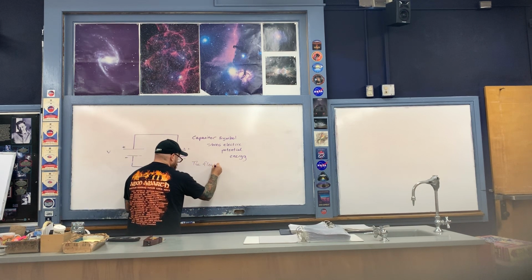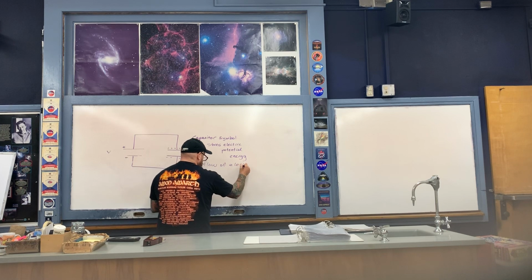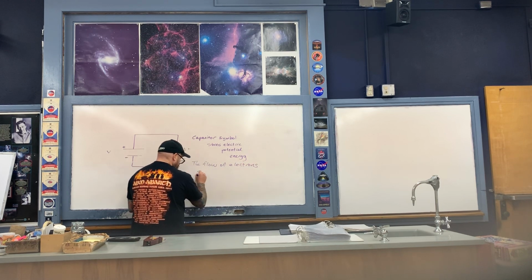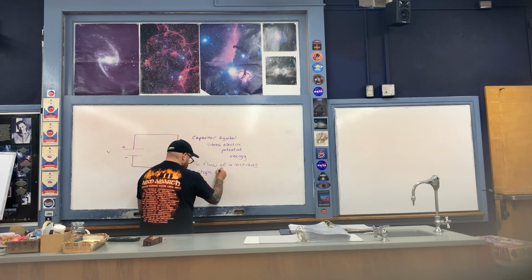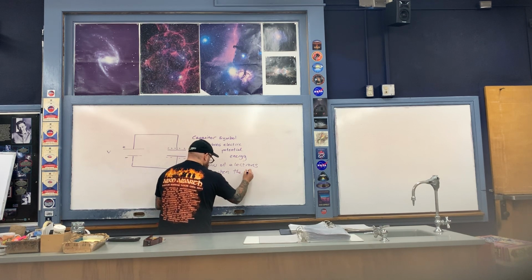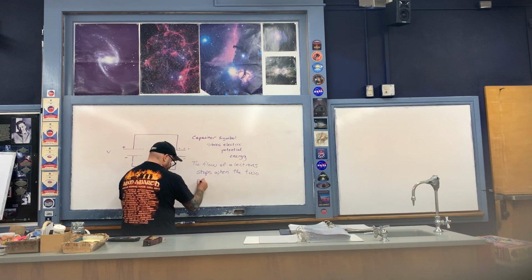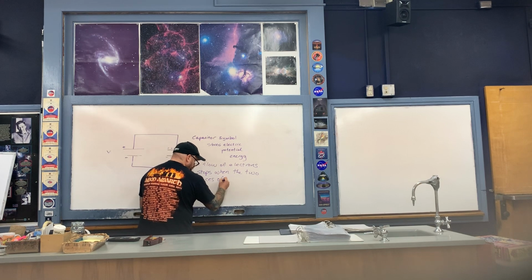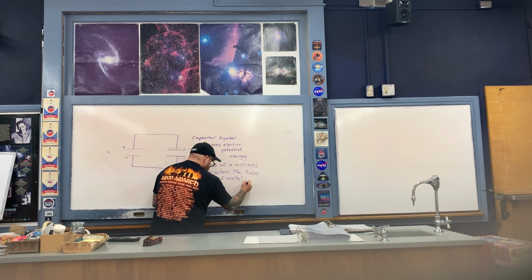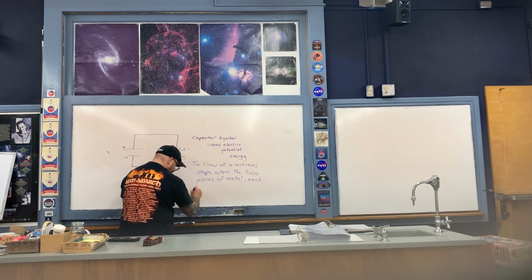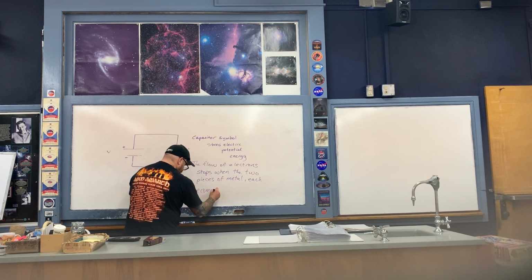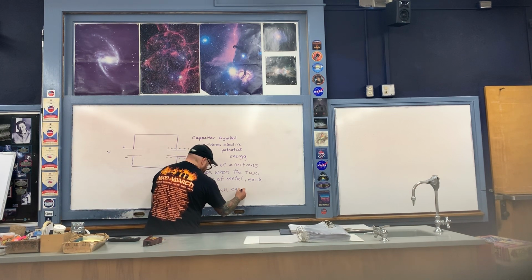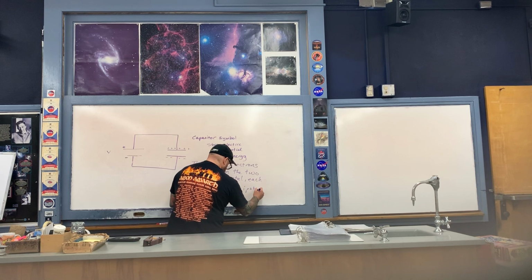So the flow of electrons stops when the two pieces of metal, once again, that's the easiest way of thinking of it, each becomes an equipotential surface.